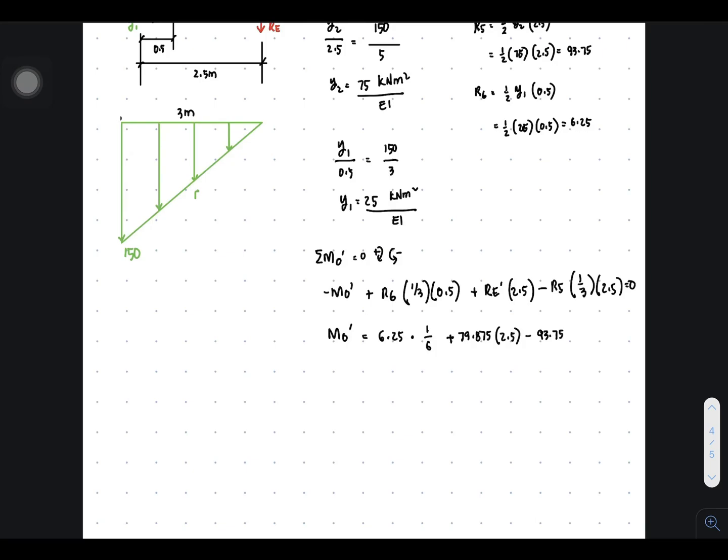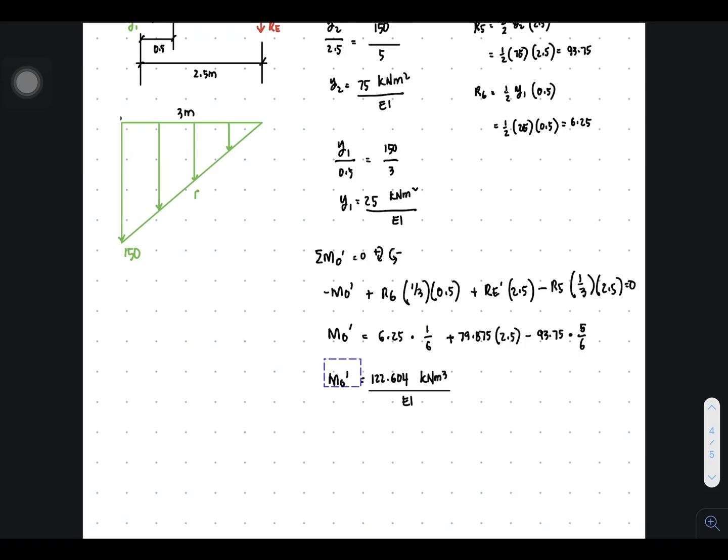How much is that? That's 5/6. So MO prime is 6.25 times 1/6 plus 79.875 times 2.5 minus 93.75 times 5/6. The value here is 122.604. 122.604 kilonewtons cubic meter over EI.